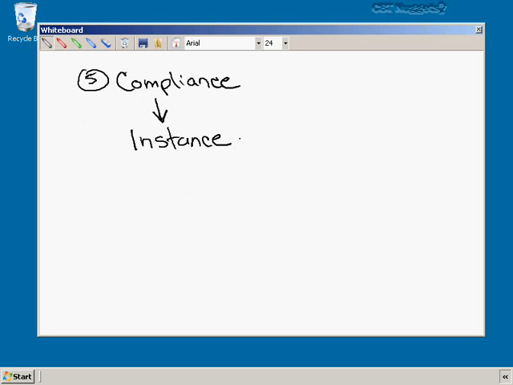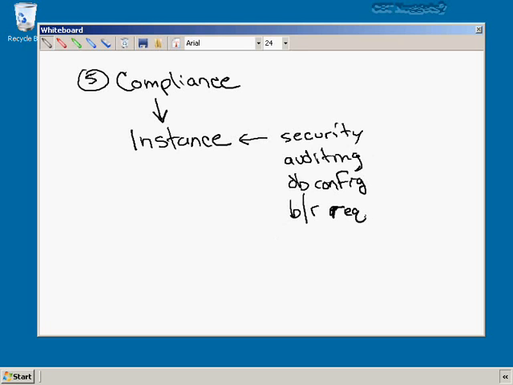The reason you do that is because the compliance effort has certain requirements, and you can configure those just on that instance. That'll include things like security. It'll include things like the auditing configuration. It may include things about the actual database configuration itself in terms of data retention and things like that. You might have different backup and restore requirements that you have to worry about.